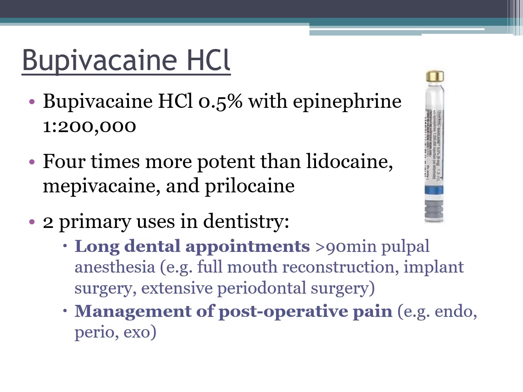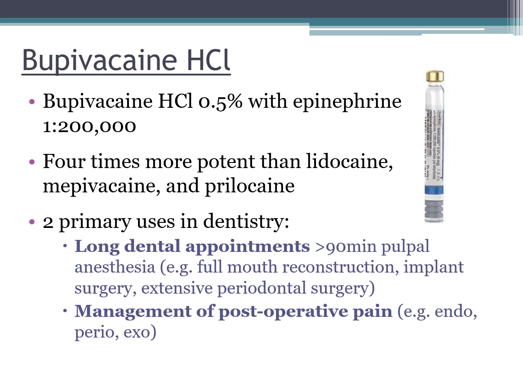So let's talk about bupivacaine HCl. Bupivacaine HCl 0.5% with epinephrine 1 in 200,000. It is 4 times more potent than lidocaine, mepivacaine, and prilocaine, and it is primarily used in dentistry, not dental hygiene.